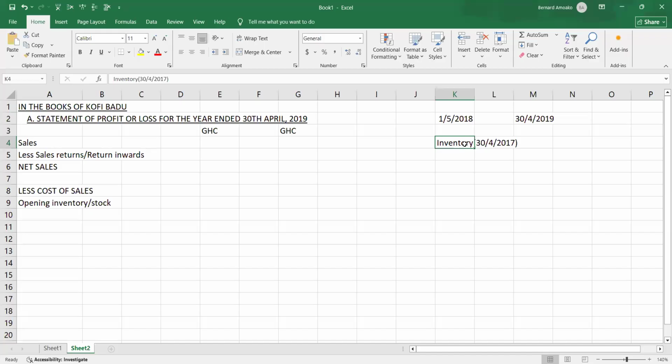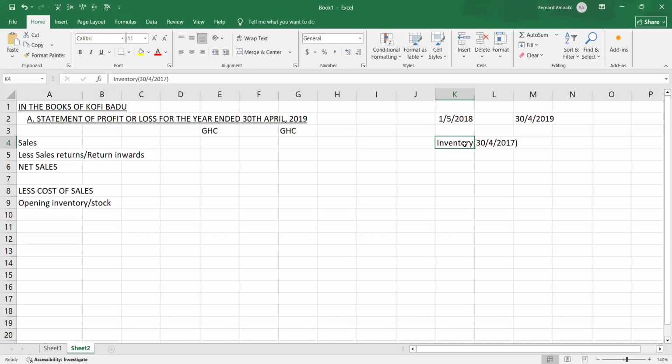Once I wrote an examination and I realized that they just put the date there, and my colleagues were using the one in the trial balance as the opening inventory. Meanwhile, the date there was meant for closing, and the date in the additional information was meant for opening inventory. So open your eyes very well and appreciate it.